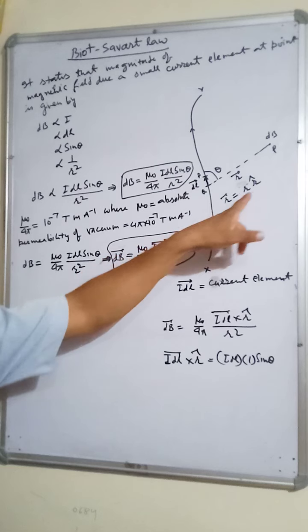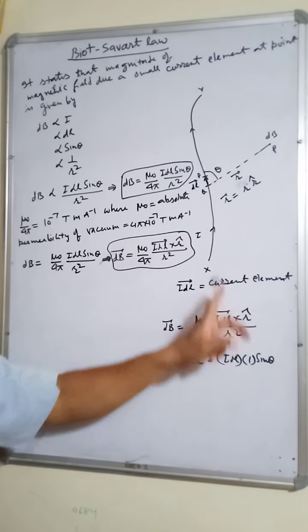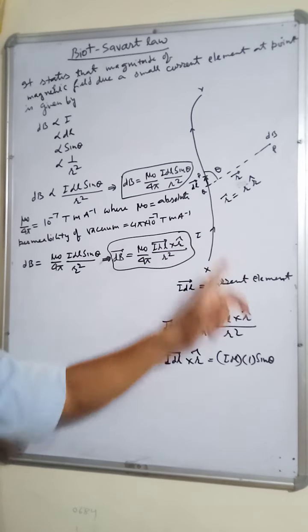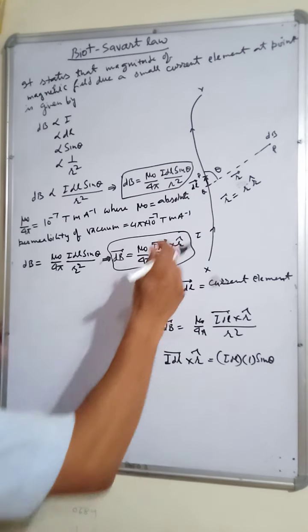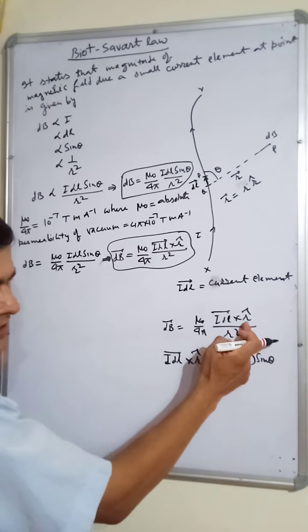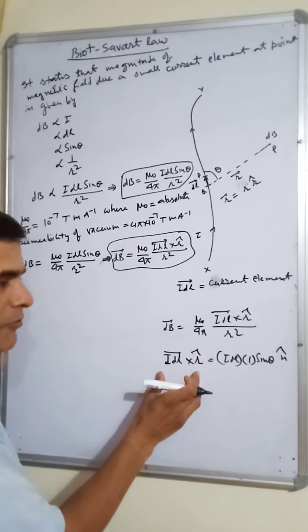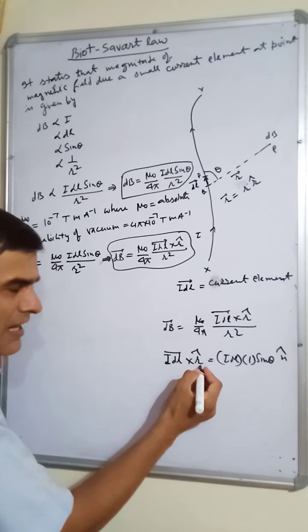R cap will have the same direction as that of r. So the angle between I dl and r will be the same as that between I dl and r cap, right? So now here this is the n cap. N cap is the angle between I dl and r cap.